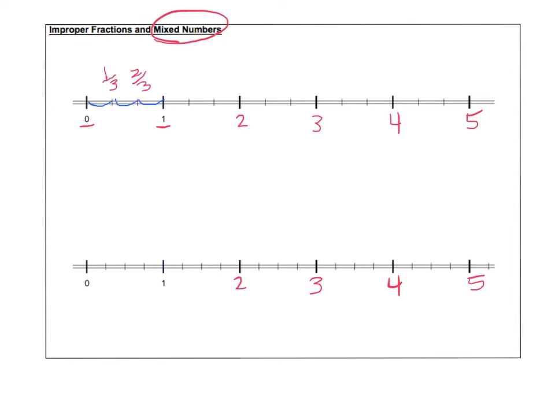Okay, those are easy. So now looking at the rest of these intervals, between 1 and 2, we have the same 3 equal intervals. And so that's broken into thirds also.